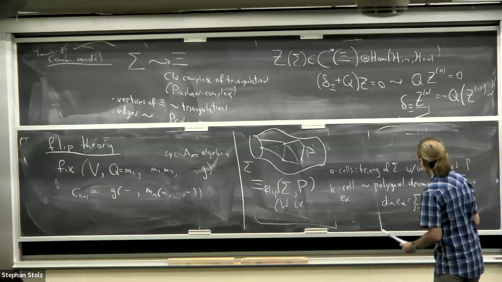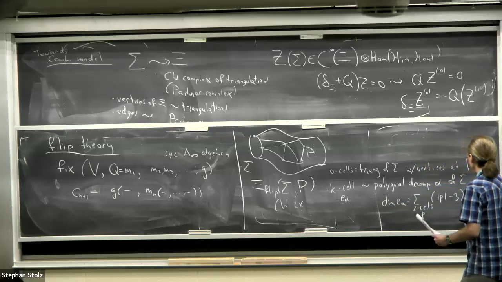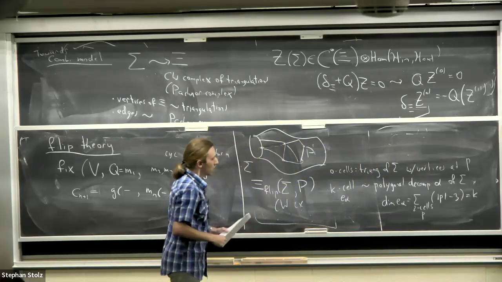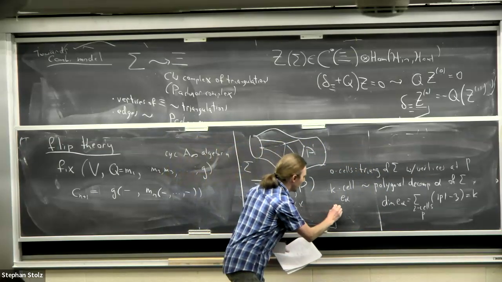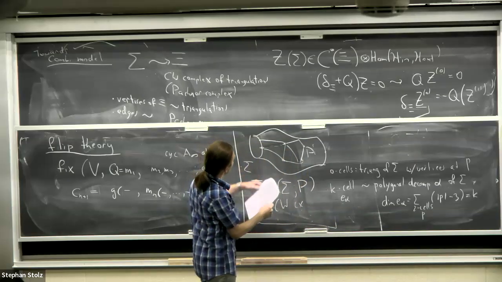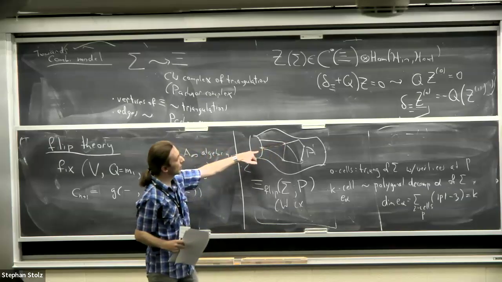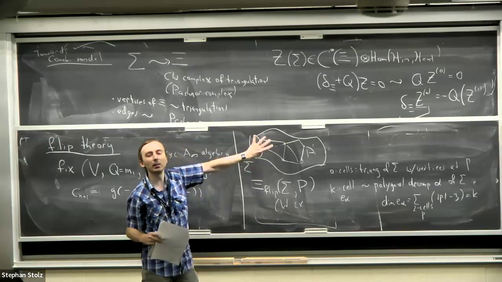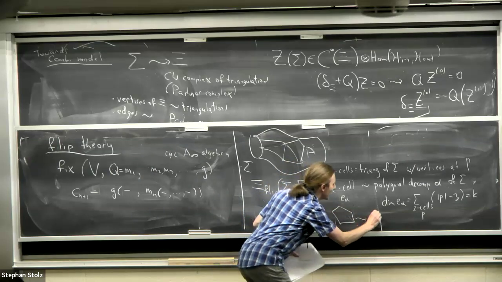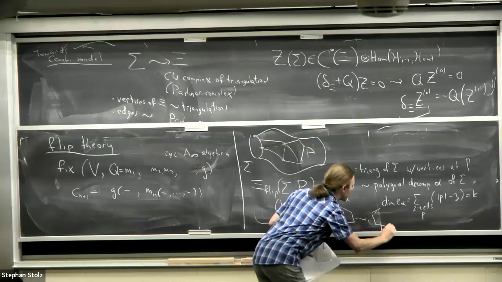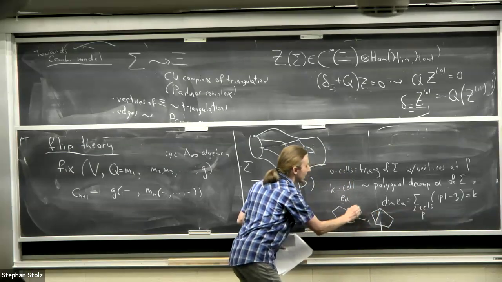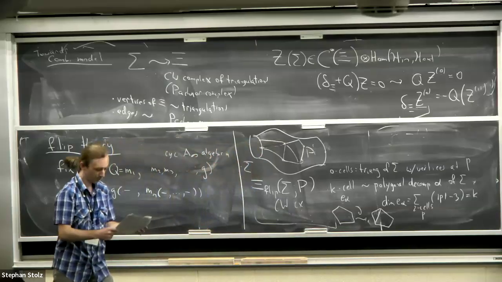This will be the dimension of the cell. The boundary of a cell is given by all possible ways to subdivide one single polygon by one single diagonal, for instance, like that. That corresponds to the boundary of the cell.